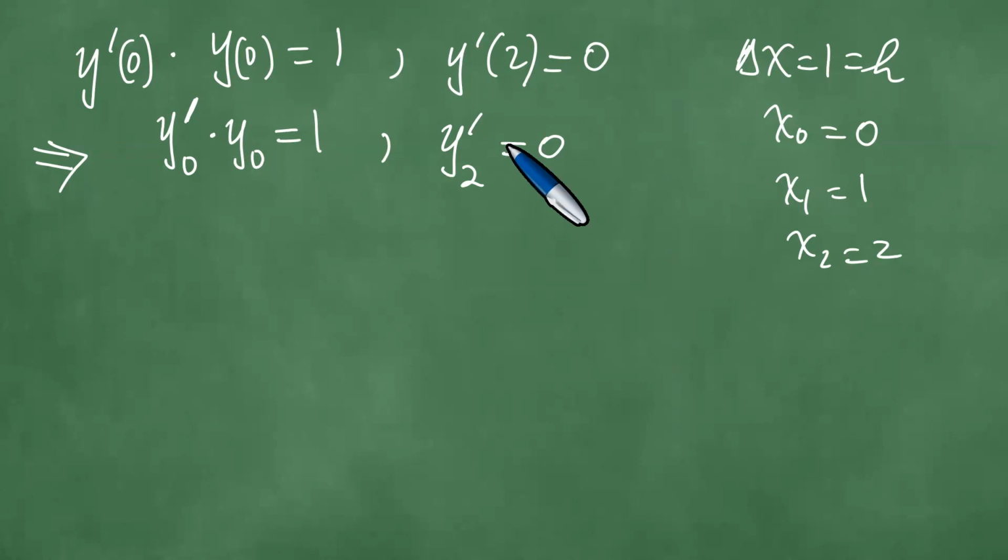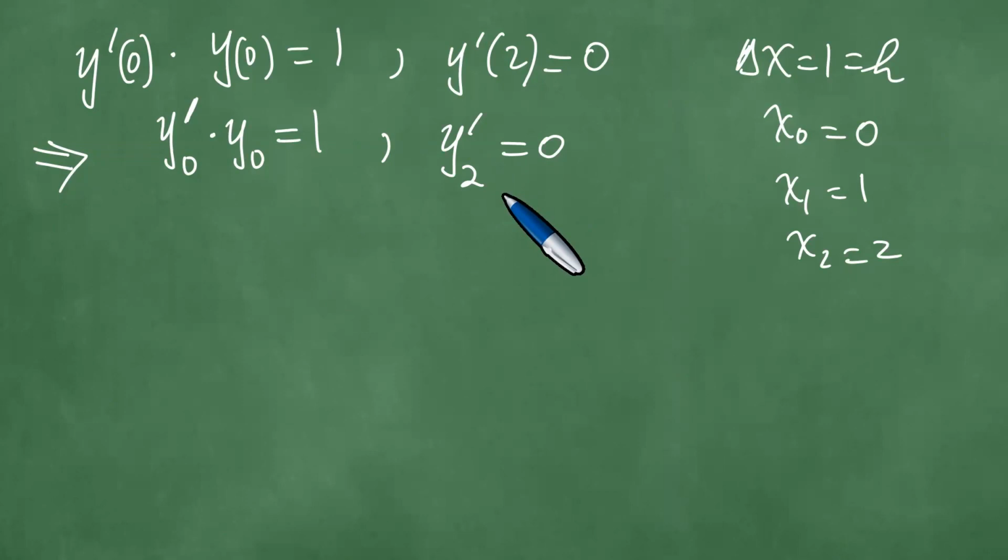We obviously need to analyze this carefully. And here you need to realize that y0 explicitly is not known, but we know the product is 1 of these two. But also here we know that y2 primed is 0. But that does not mean that we do not know exactly y2, for example.